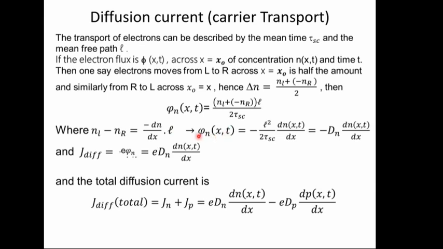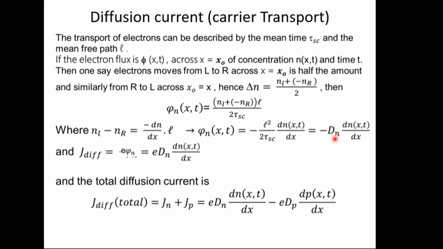So if we rewrite our flux phi sub n, here we're talking about electrons, and it will be the same for holes. Phi sub n of x, t is minus L square, the mean free path square, over 2 tau scattering, times dn of x, t by dx, which is equal to minus D dn of x, t by dx.